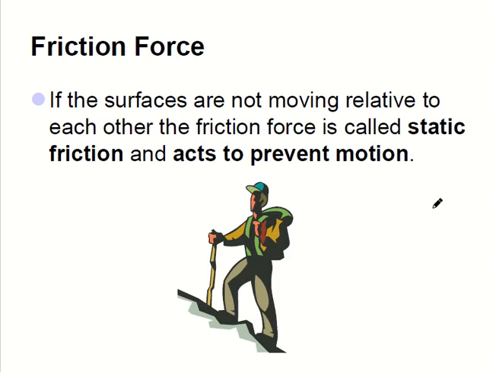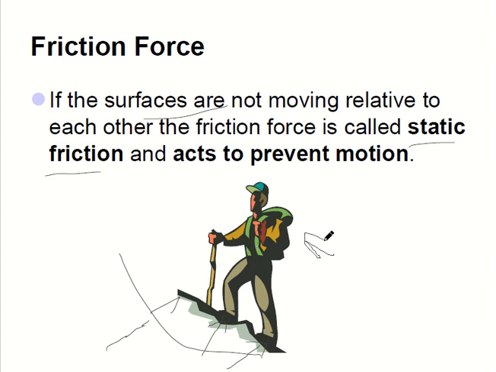If the surfaces are not moving relative to each other, like in this situation where he is climbing up the mountain, the friction force we're going to call static friction, because they are not moving, they're not producing the motion. They're trying to balance the moving object.